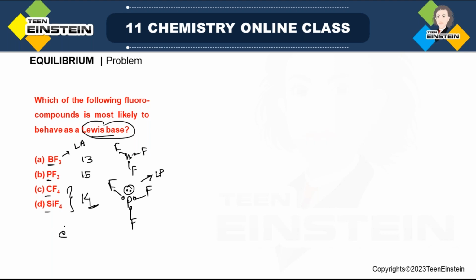Here, see, the formulas are the same, so the same type of explanation. So 4 C-F bonds, all 4 electrons used up, there is no electron deficiency, and also there is no extra electron. So they are not Lewis acid, they are not Lewis base. So most likely to behave as Lewis base will be option B, group 15, not 13 or 14, because of the presence of lone pair.